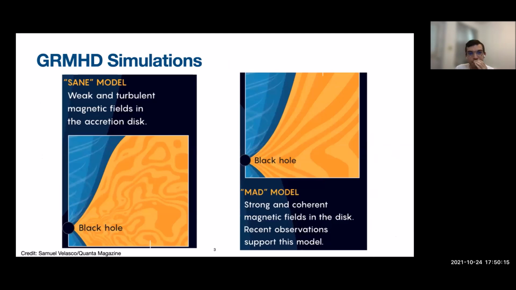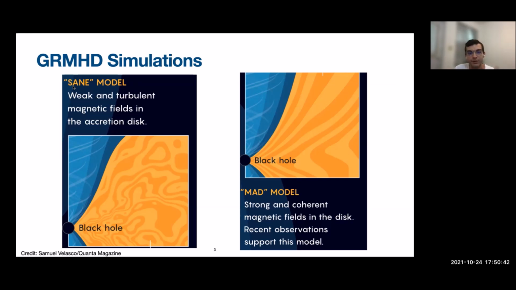These types of images and this polarization have been studied using what's called GRMHD theory, which stands for general relativistic magnetohydrodynamics. Those simulations can generally be divided into two main configurations. The first is what's called the SANE model.